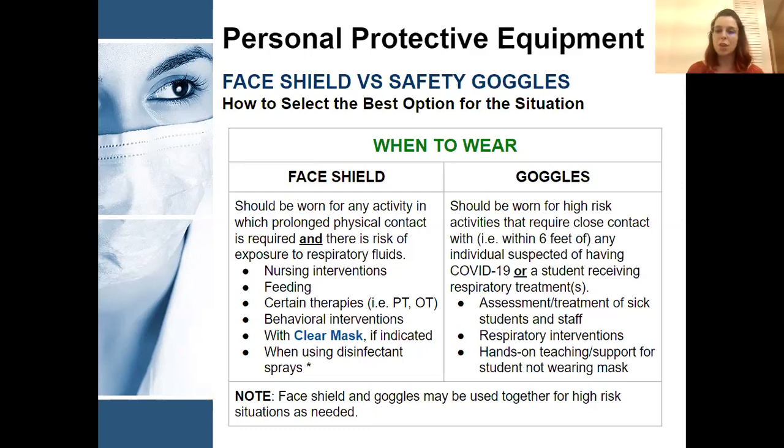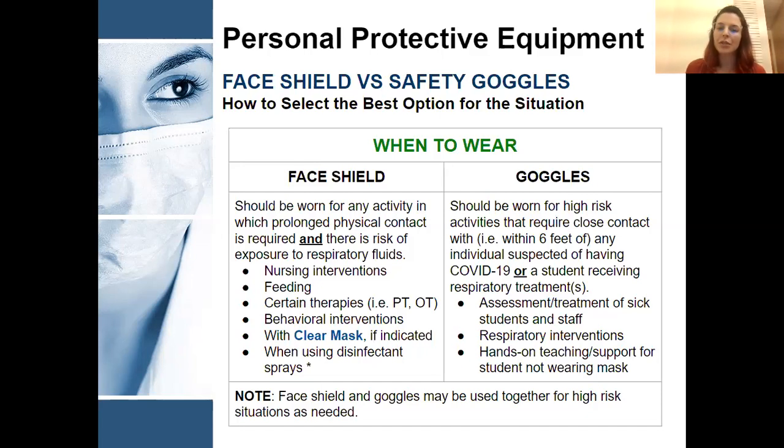So we're looking at situations to wear goggles for those who are administering treatment of sick individuals or staff, respiratory interventions, or any individuals who are doing hands-on teaching support for students not wearing a mask. So for our one-to-one staff that might be working with a student who's not capable of wearing a mask, if you're wearing that N95, you're also wearing goggles.